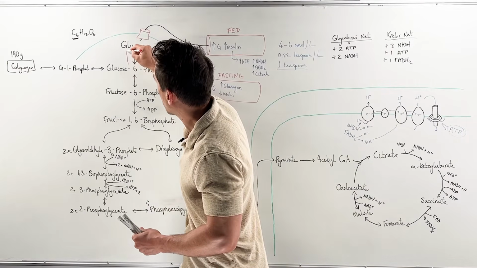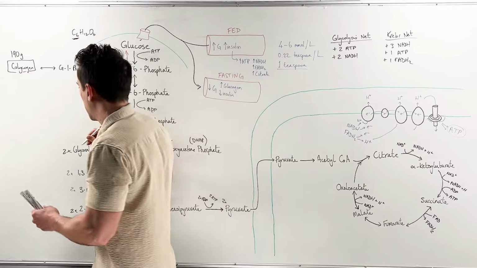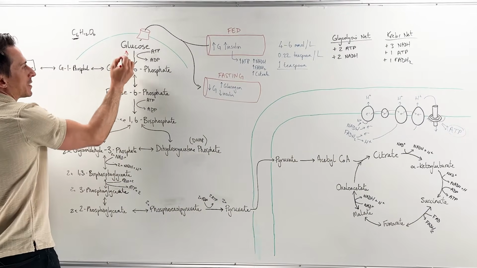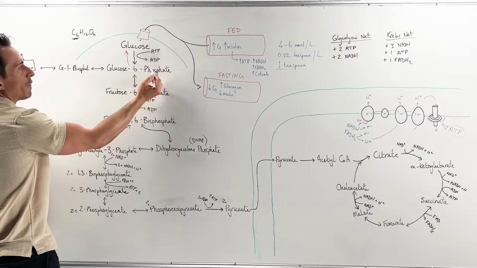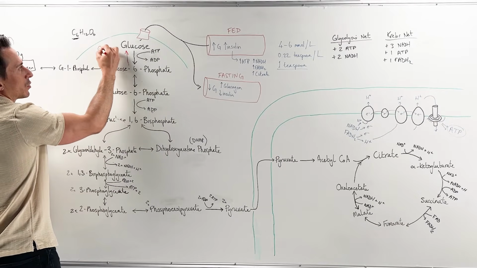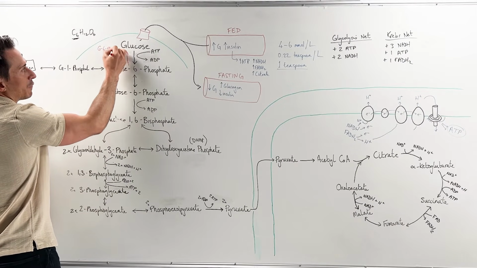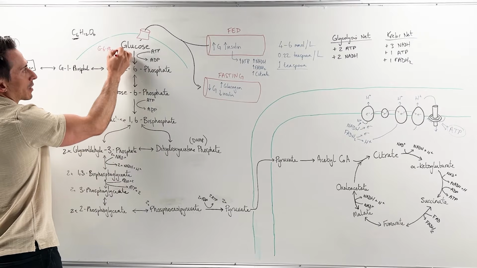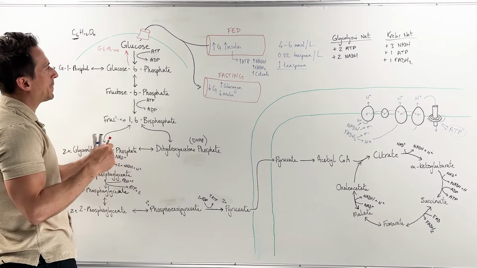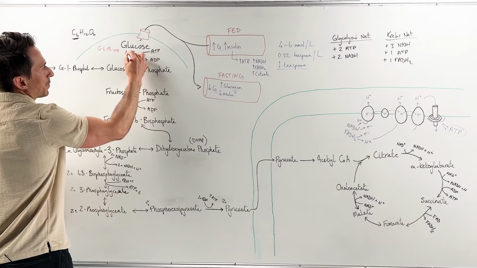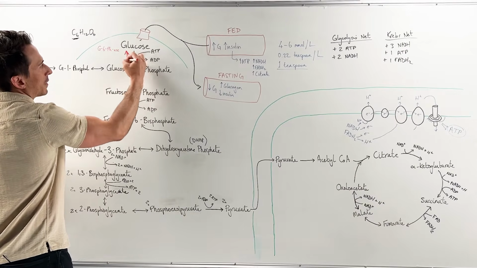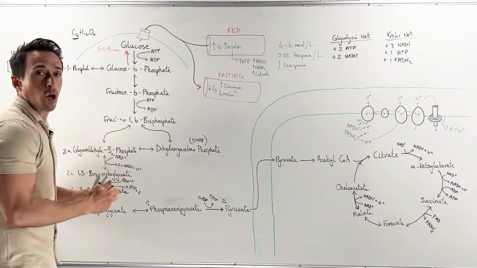So glucagon allows for an enzyme here to be produced, and this enzyme is called glucose 6-phosphatase. Glucose 6-phosphatase, and I'll write it like that, just because it's a big term. That is mediated by high levels of glucagon.